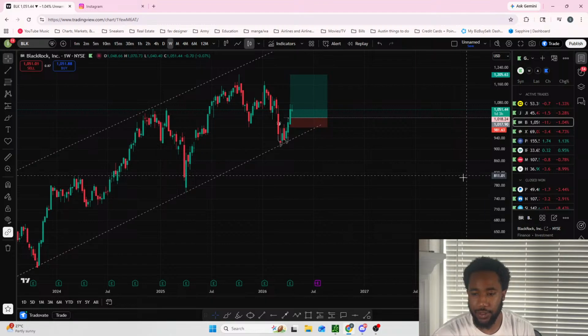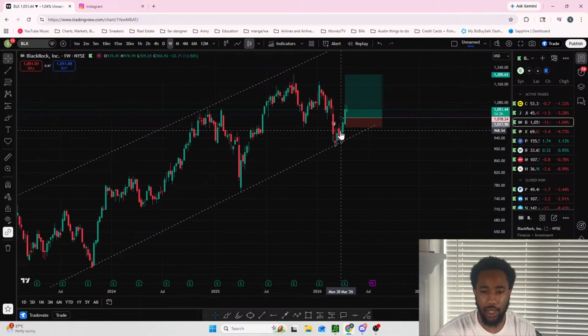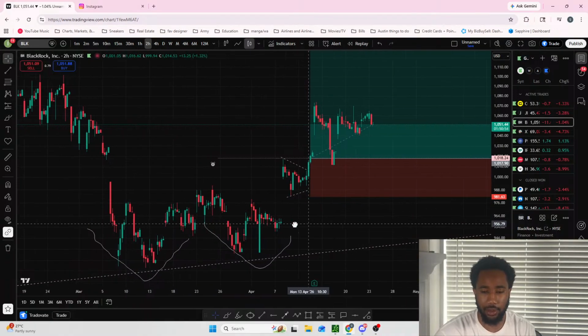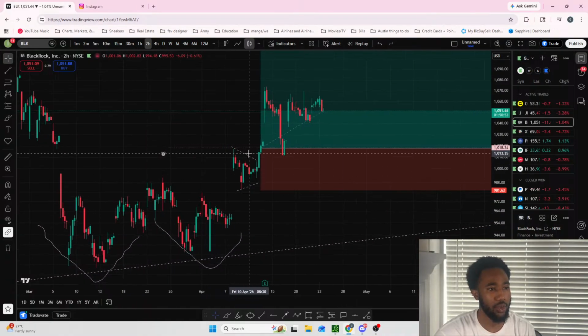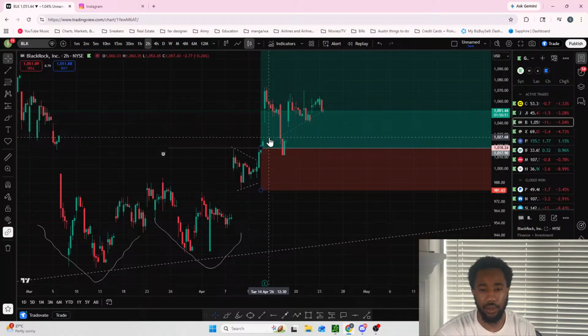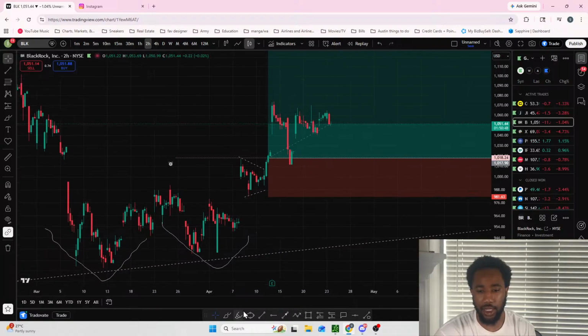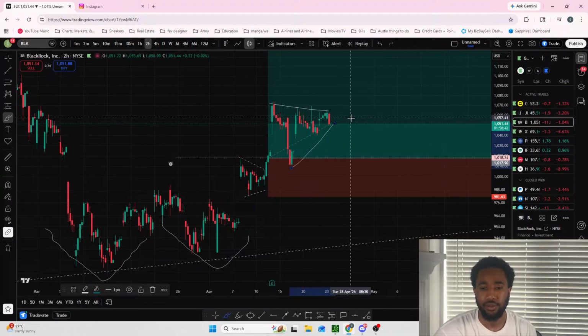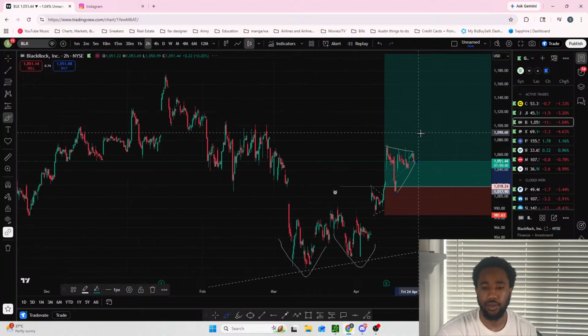Look at my other active trades. We got BlackRock. I played off the bottom here. Made these double bottoms, pushed up, continuation correction. Now we're in the money. Looks like it's making another continuation correction here, like a triangle pattern, wedge pattern. I would keep my eye on it.